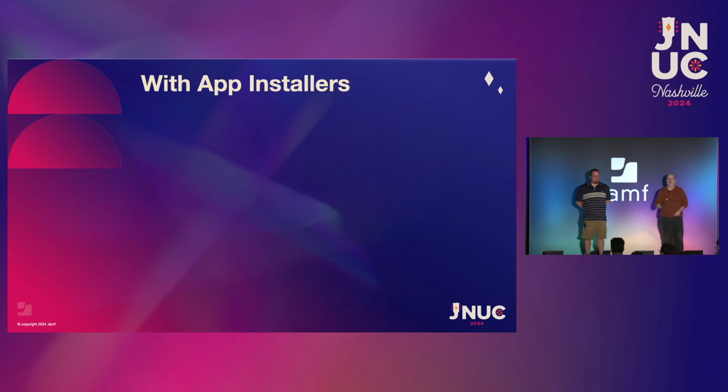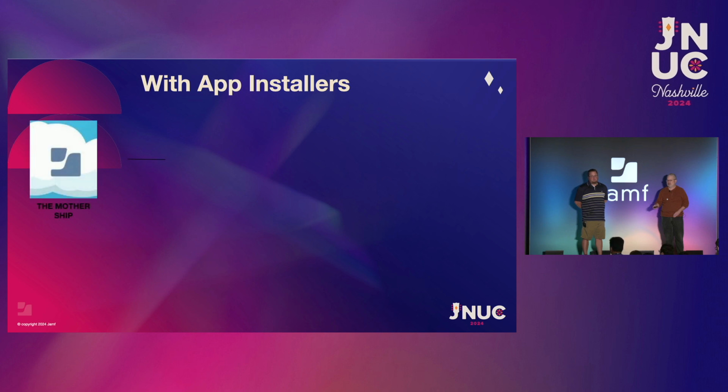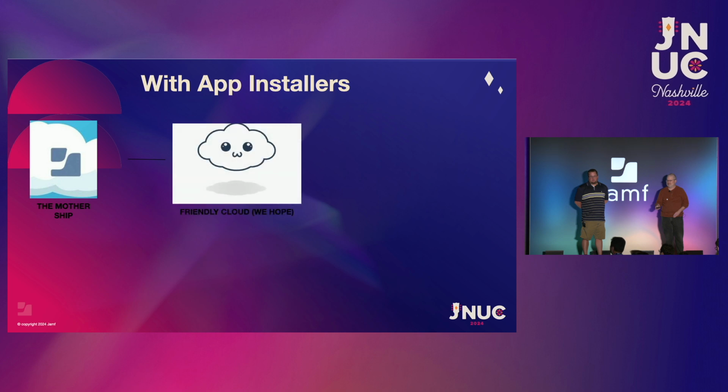With app installers, Jamf itself actually talks to the vendors, talks to Adobe, talks to Microsoft, talks to Git, and gets the latest installer from that vendor in the cloud. Once we do that, all we have to do then is create a repository from whatever app is available.